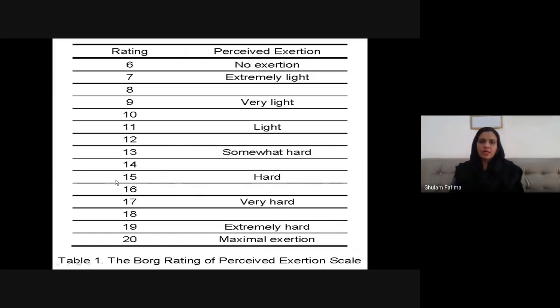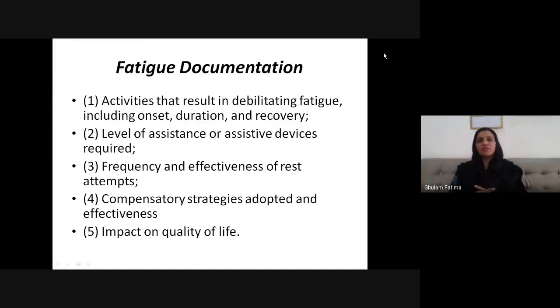Now you see that it's not starting from 1 or 2, it starts from 6, 7, 8, 9, 10, and there are many digits that are missing. Actually 6 means 60 beats per minute, 7 means 70 beats per minute. So this rating and these numbers coincide with the heart rate of the patient. That's why this is not that simple. So you can use this to rate the patient's fatigue.